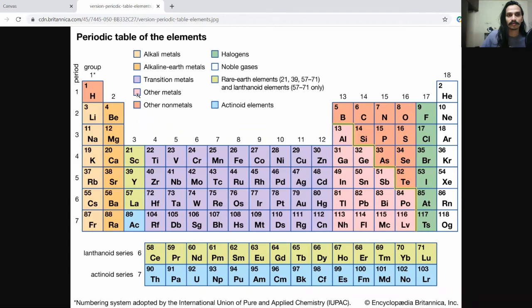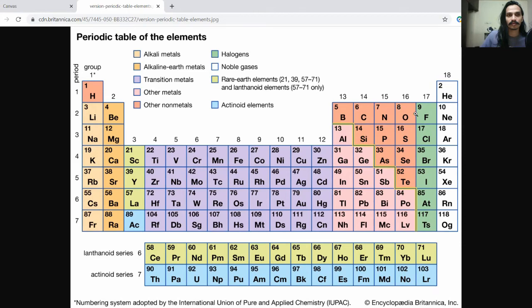Over here you have non-metals and metals. This pinkish area is called metalloids. They show a little bit of metallic nature and also a little bit of non-metallic nature, because they're exactly on the border between metals and non-metals.